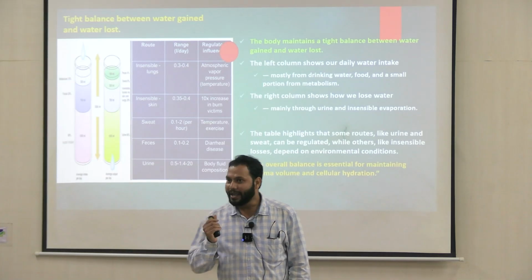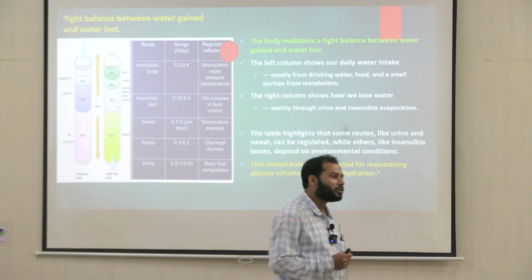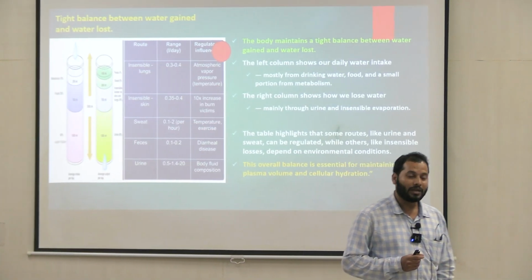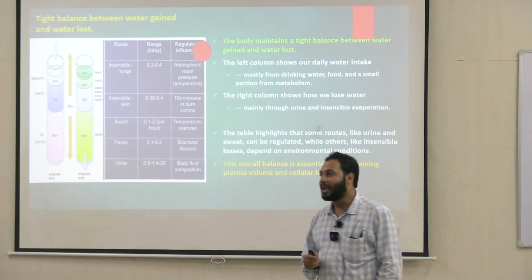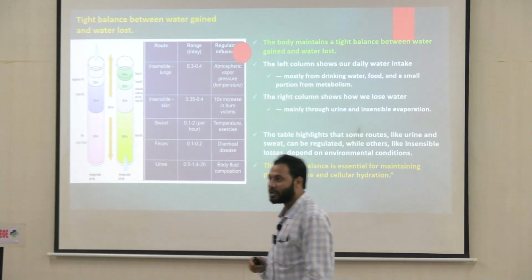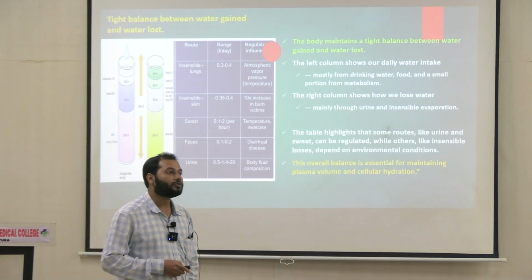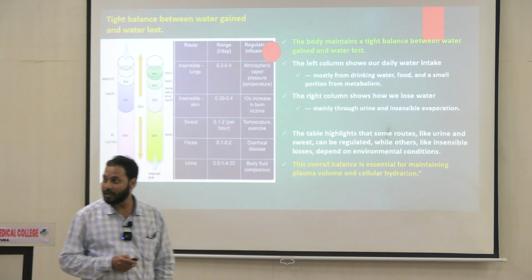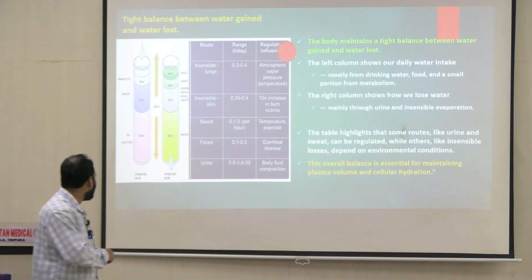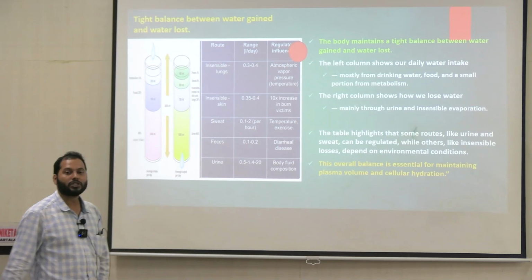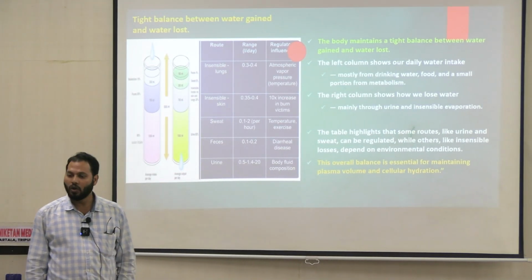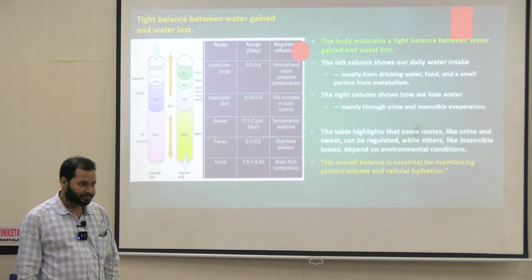As we take in around 2.5 liters of water per day, at the same time, to maintain the balance, we need to lose that amount of water too, right? So now the question is, what are the major routes for the loss of that body water? Around 60% of the body water is lost by urine, right?